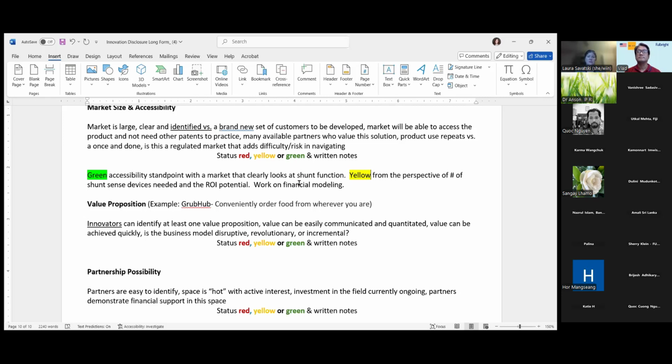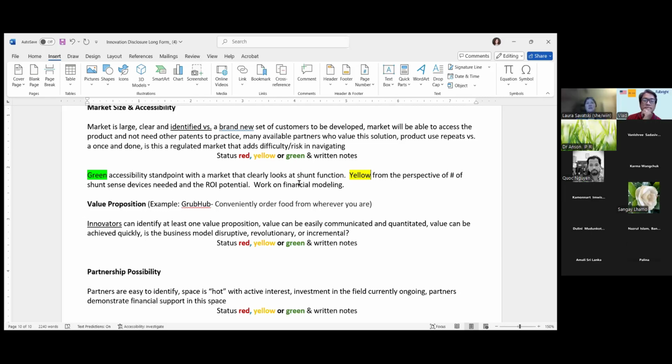So that's one of the things that's really critical to look at with early stage innovations, because sometimes this might be the very first solution of its kind for this market. And just breaking through and accessing people to buy a solution to a problem that they don't perceive as that big of a deal or that big of a problem is very, very difficult. So you need to look at that closely.